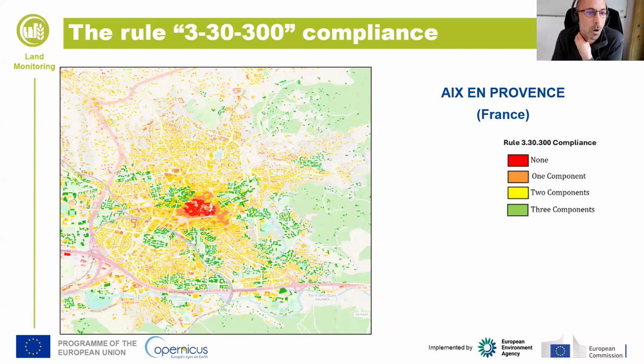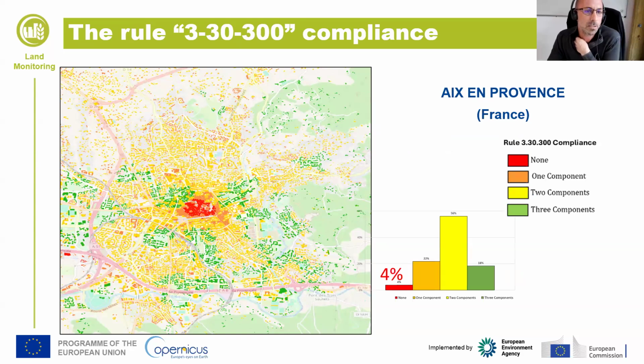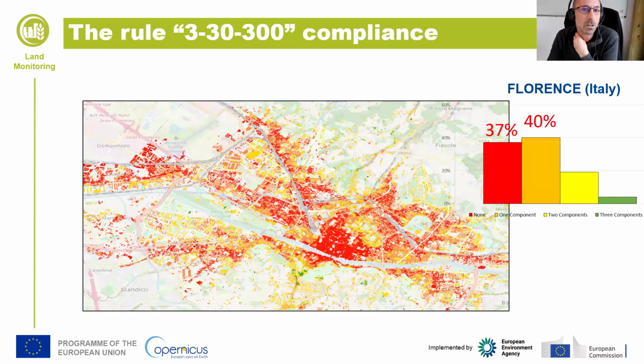At the end, we can combine all information, and in the case of Aix-en-Provence, 4% of buildings are not compliant with any component. 22% of buildings are compliant with one component, 56% with 2 components, and only 18% of buildings in Aix-en-Provence are compliant with the rule 3-30-300. In the case of Florence, only 4% of buildings are compliant with the full rule.